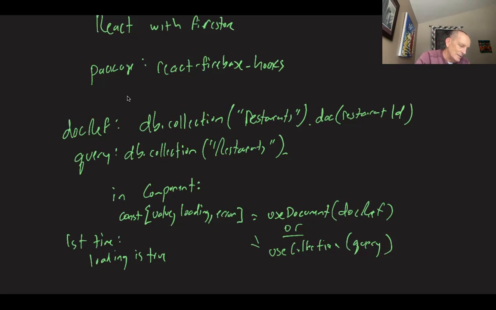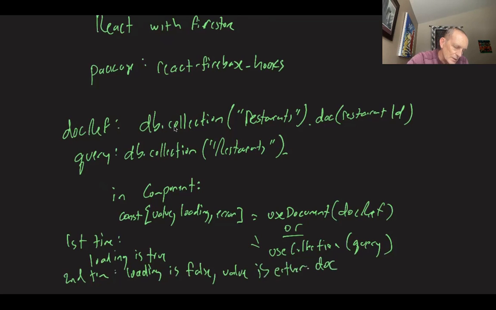This time, loading is false and value contains either your document if we used useDocument, or a snapshot. If it's a document, you use document.data. If it's a snapshot, you iterate, and for each of these you have a document, and you can use document.data on each.